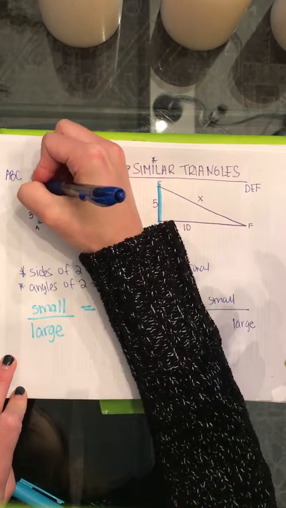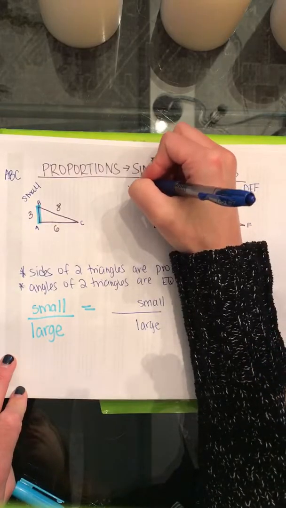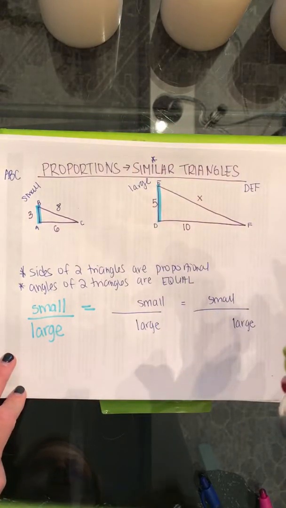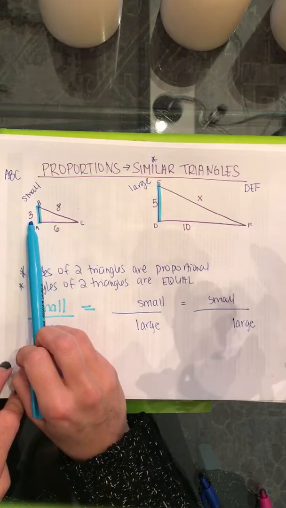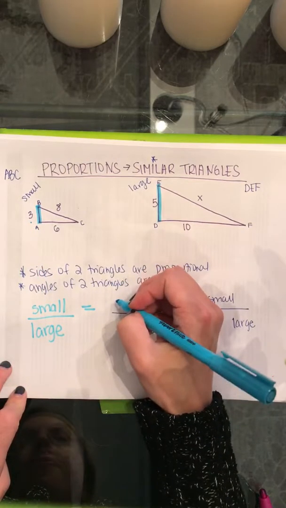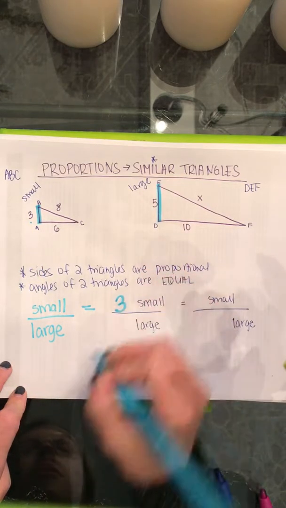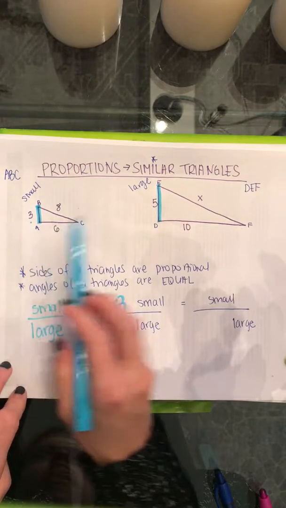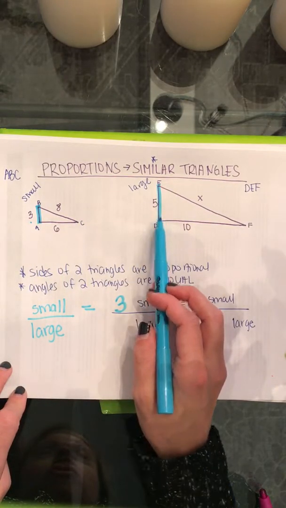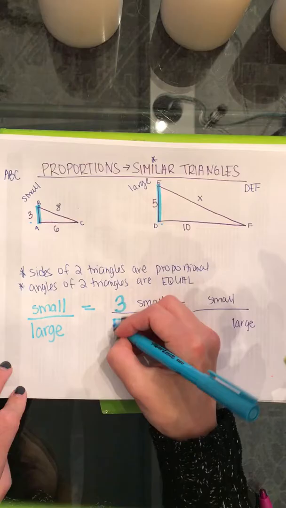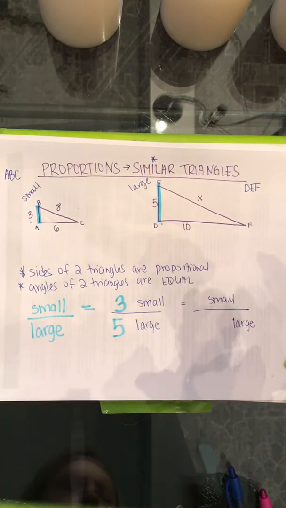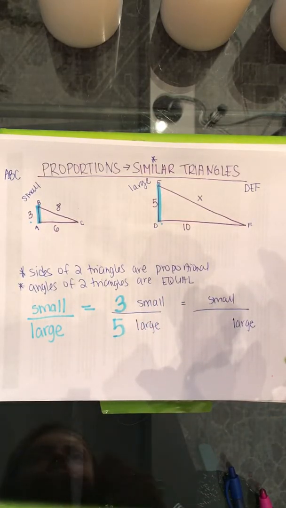This is our small triangle. This here is our large triangle. So, this side, A to B, is 3 long. That can compare to our larger triangle, D to E, which is 5 long. Let's look at more sides.